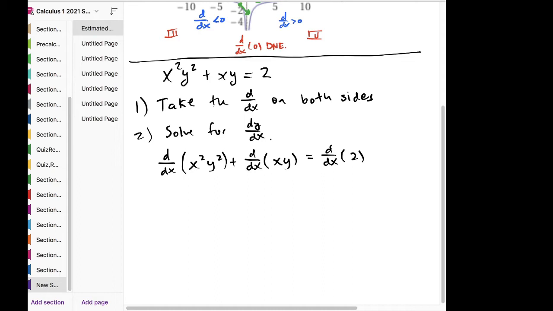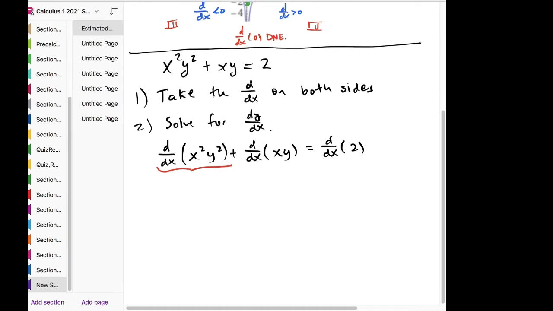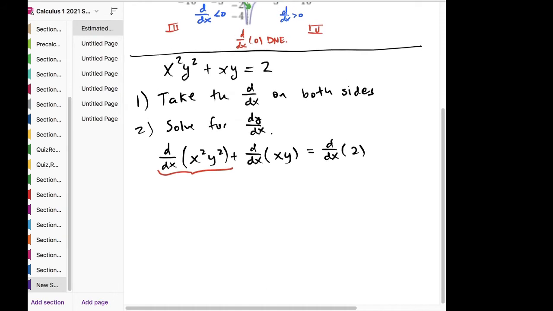All right, so let's do the derivative of this one. How do you find the derivative of x squared y squared? Yeah, it's a product rule.